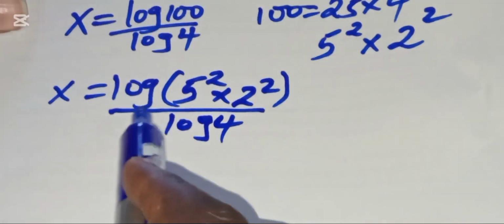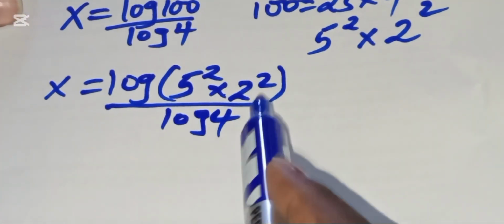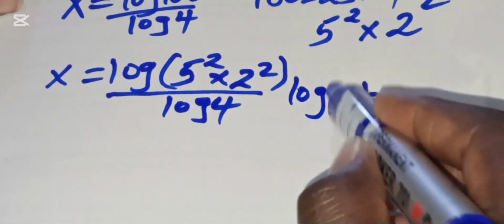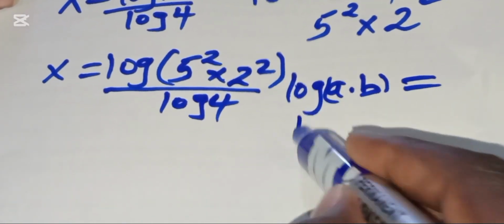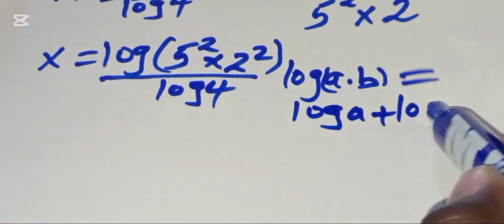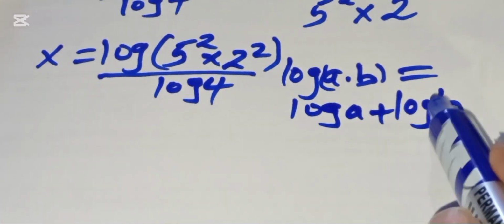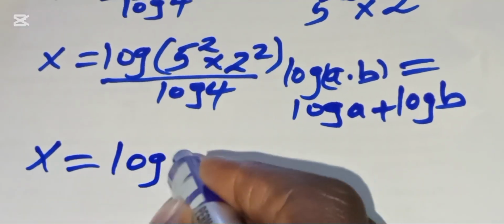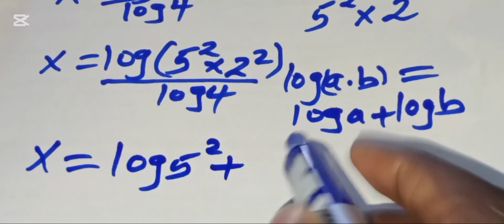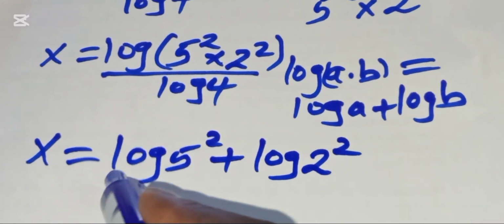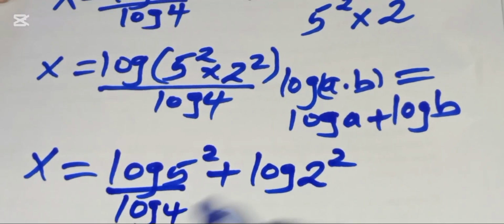Now log of 5 squared times 2 squared is in the form of log a multiplied by b, which you can express as log a plus log b. Applying this property, I'm going to have x is equal to log 5 squared plus log 2 squared, everything divided by log 4.